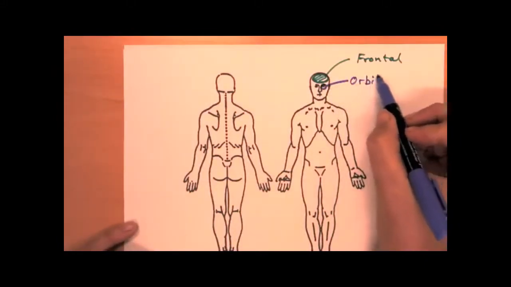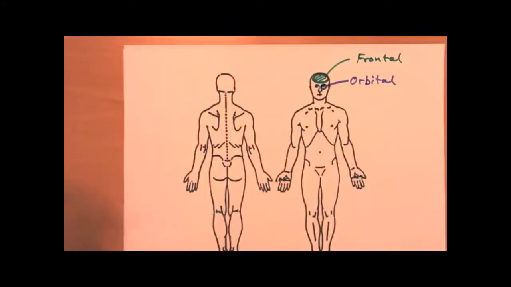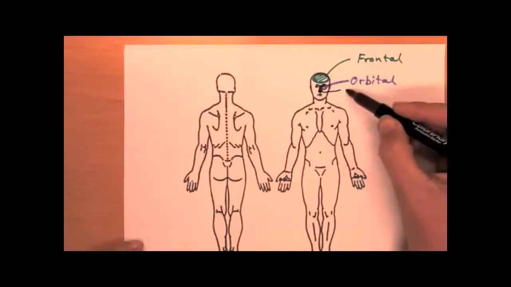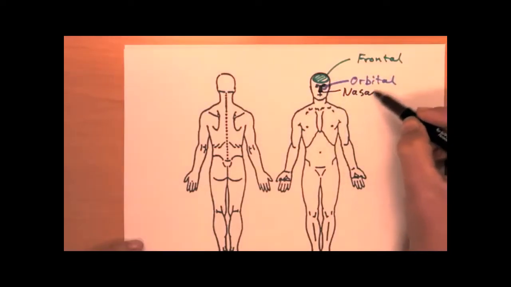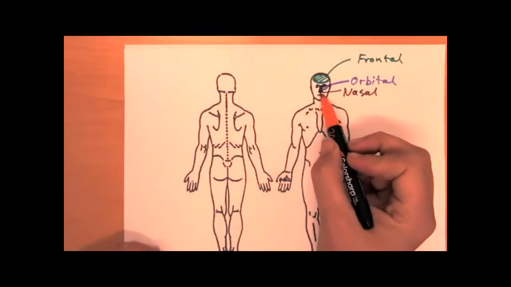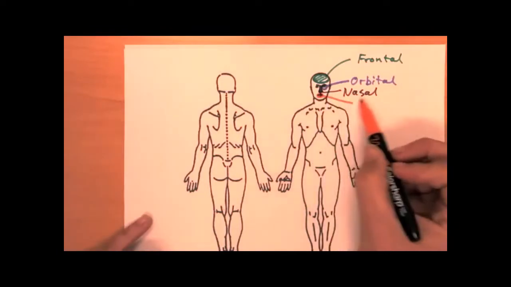So orbital is the region of the eye. Some of these are like really obvious, right? So the nose, for example, is nasal. Mouth is oral.